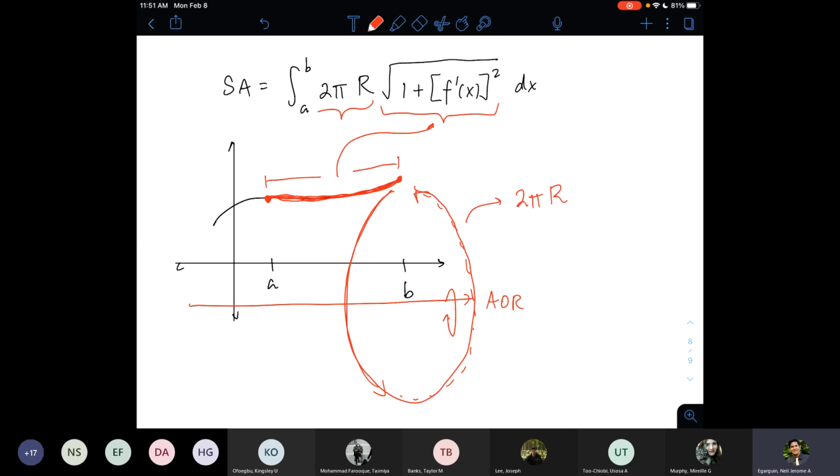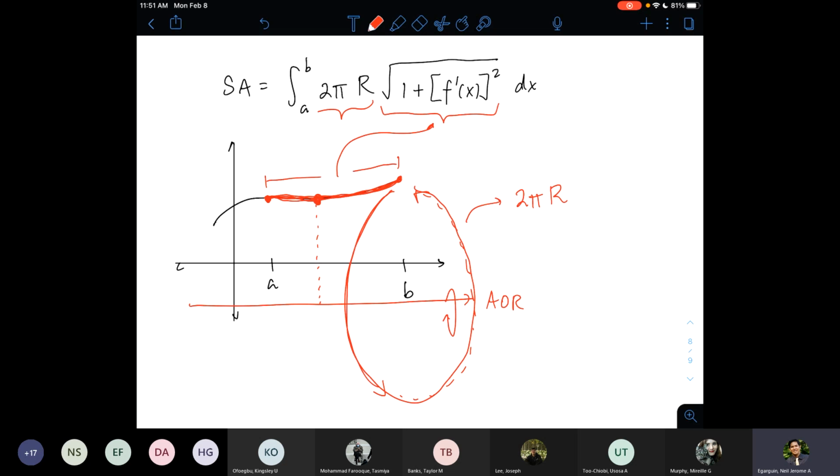Now, what is r? r is the radius of that big circle that was used in revolving the arc length. If you want to measure that, that will just be the distance between the arc and the axis of revolution. Sorry, not AOR, that would be our r.